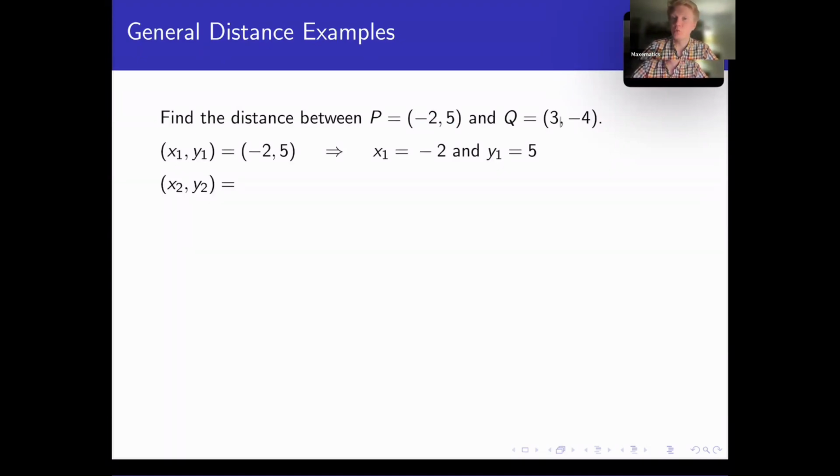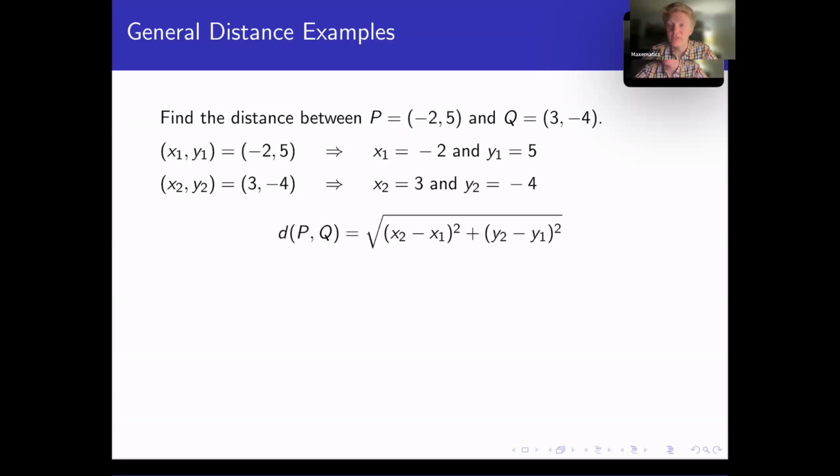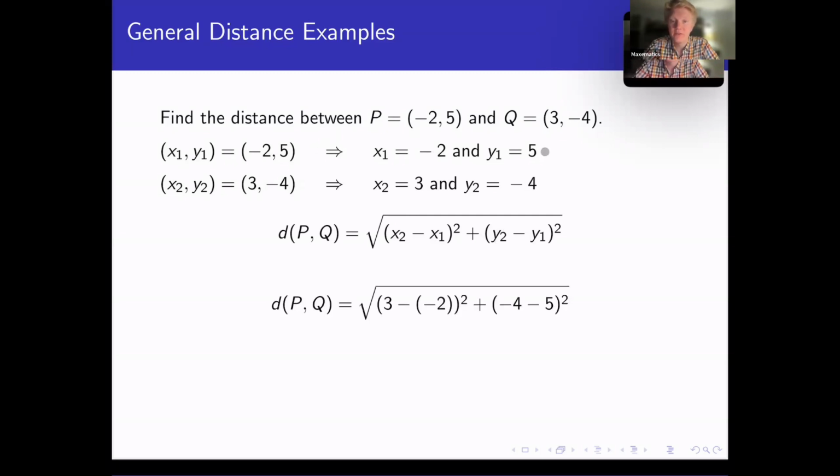Likewise, our second point is 3, -4. So x2 is 3 and y2 is -4. And what we're going to do is just plug in all of this information for x2, x1, y2, y1. x2 is 3, x1 is -2, y2 is -4, y1 is 5.